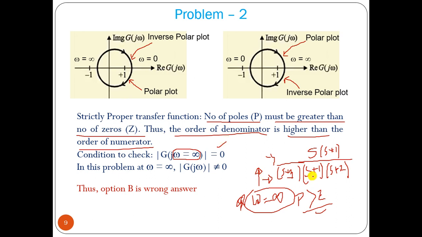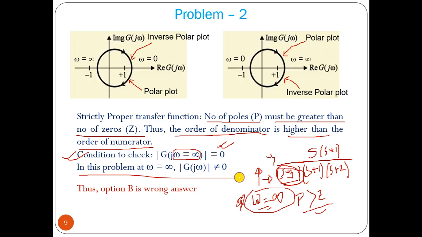If the number of poles is higher, then when we find its magnitude and put infinity, one extra infinity comes in the denominator. So something divided by infinity, when omega tends to infinity, will be 0. So the magnitude should always be 0 at omega to infinity for a proper transfer function. This is the condition to check.